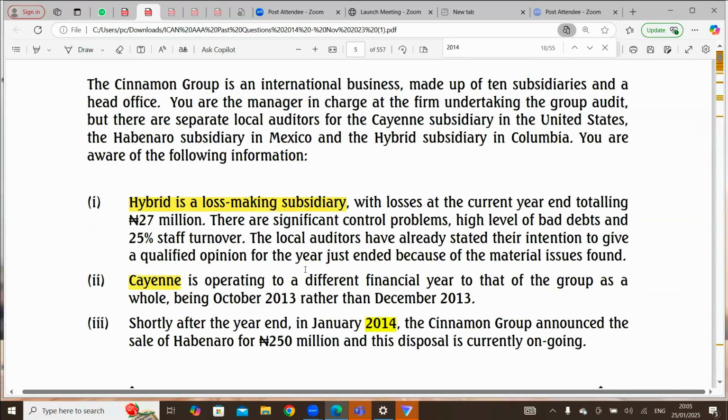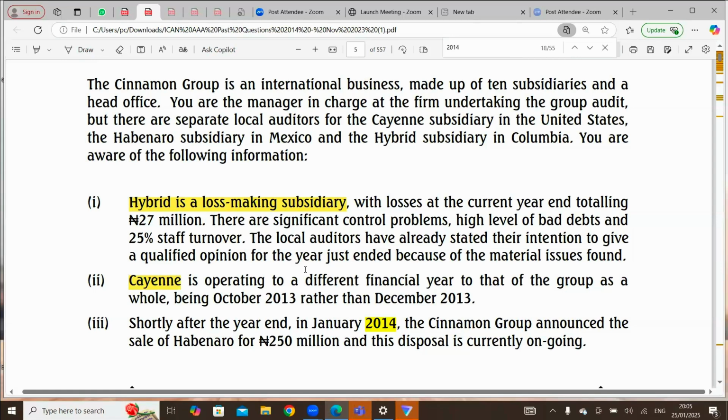The first one is that Hybrid is a loss-making entity, and the local auditors said they want to qualify their reports because of the material issues. And yes, they are correct for wanting to qualify it, except the parent company has issued what we call a letter of comfort. What's a letter of comfort? This is the only time it came out, and it was not even in the material.